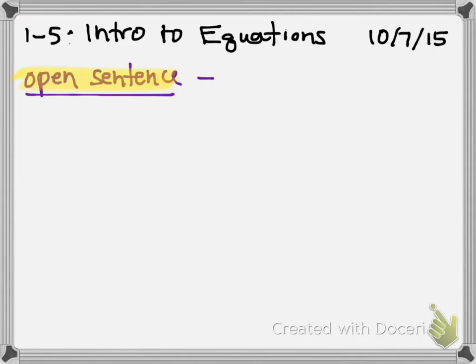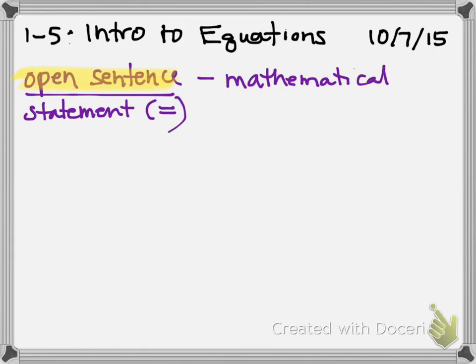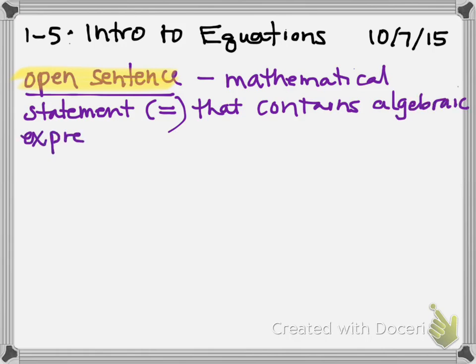So an open sentence is a mathematical statement, and that means it does contain the equal sign, but it also contains algebraic expressions. So when I say algebraic expressions, when you hear that word algebra, what are you realizing is part of this open sentence?